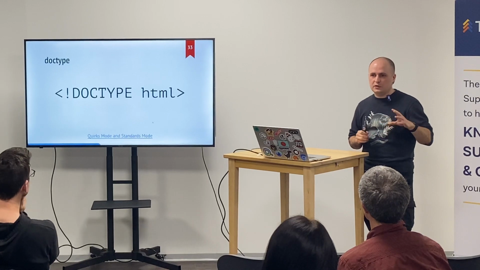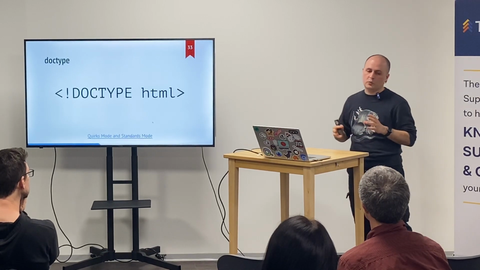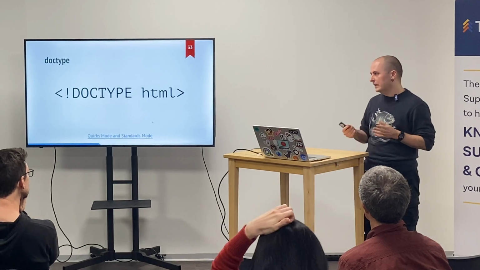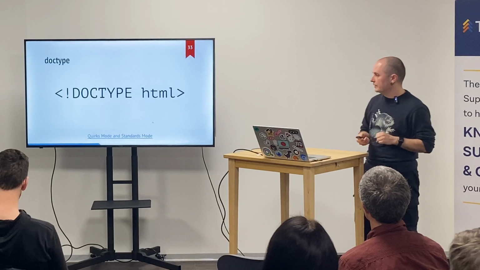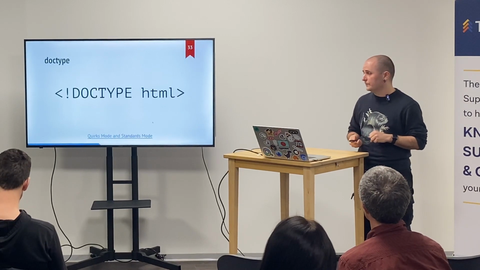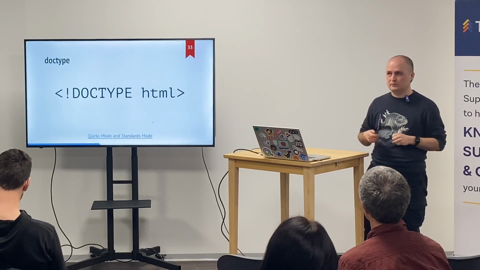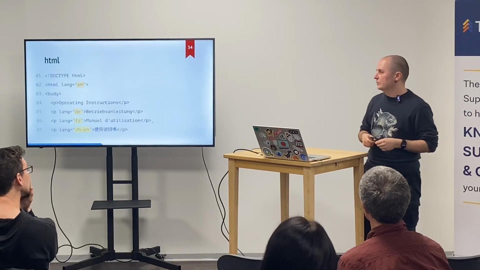So if you see that your web page is behaving weirdly, then it might be this. So always keep an eye on the doctype HTML. It's important for modern browsers to render your markup in the right way.